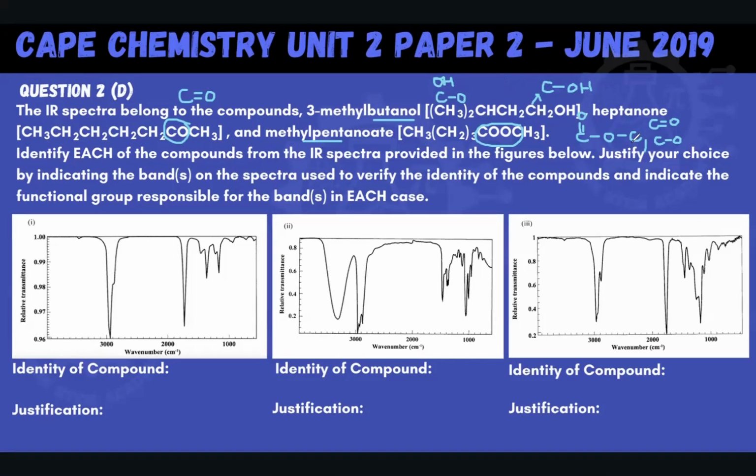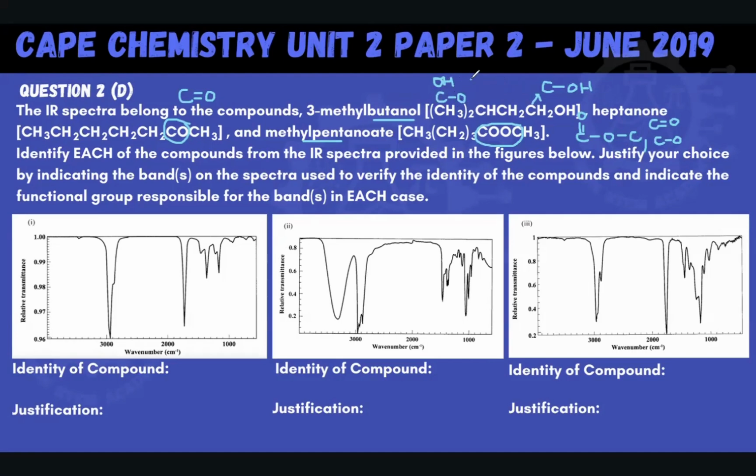All right, so let's start by looking at our alcohol now. If I'm trying to identify the alcohol from the spectra, I'm looking for two distinct peaks: an OH peak and a carbon single bond O peak.